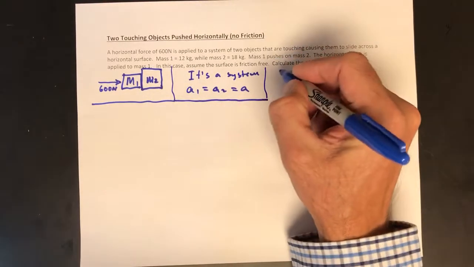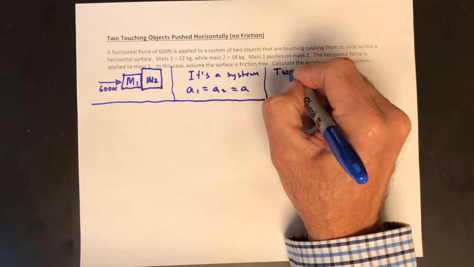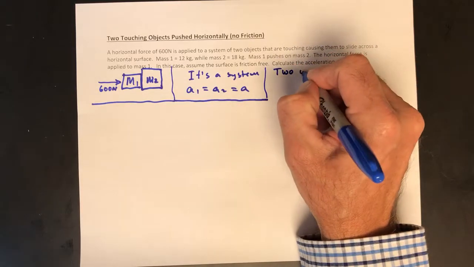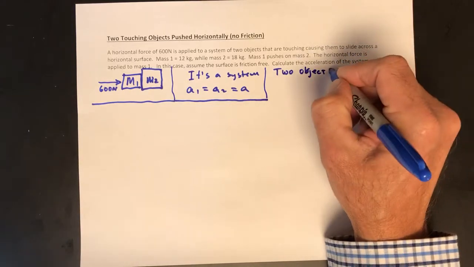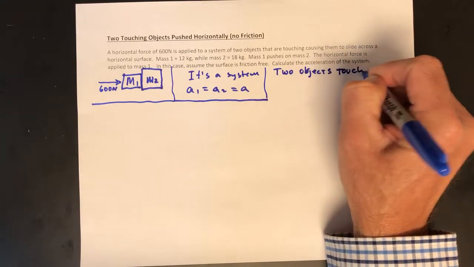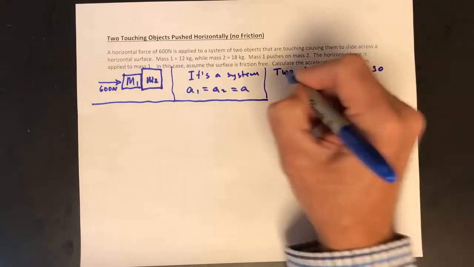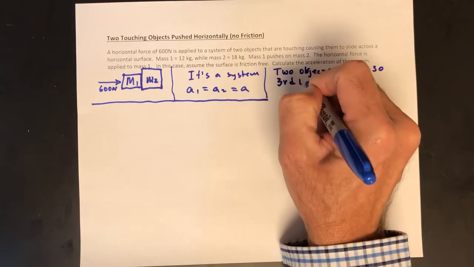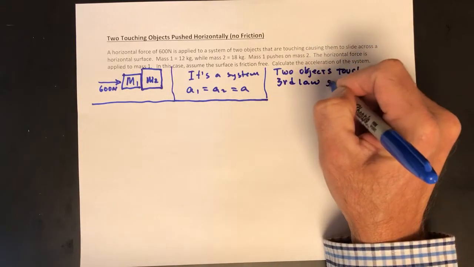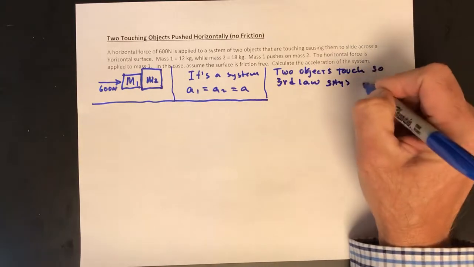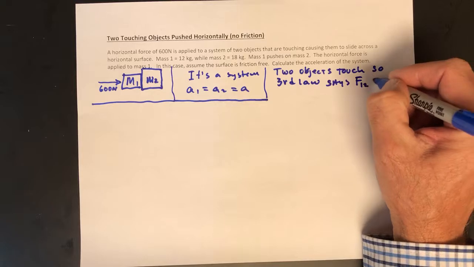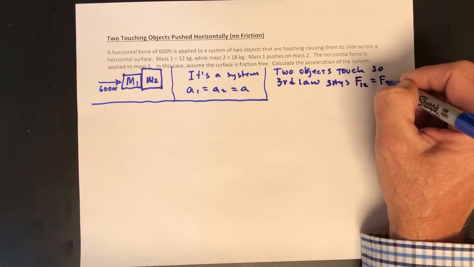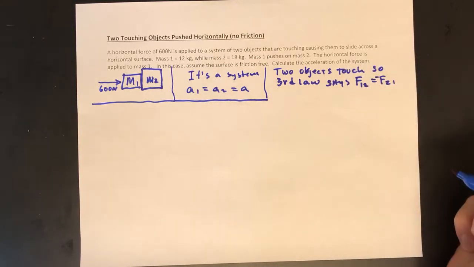The other thing that we want to point out is that we have two objects here that are touching. So the third law says that the force of 1 on 2 is going to be equal to the force of 2 on 1 in the opposite direction.